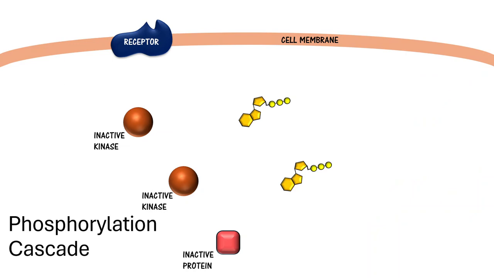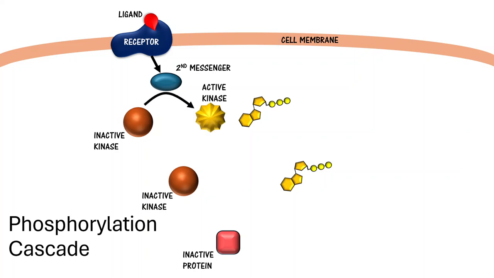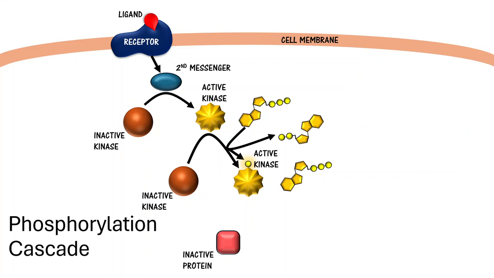You have a bunch of inactive molecules, you have some ATPs, and you have a receptor sitting in the cell membrane. The ligand comes and binds, and that activates a second messenger. That second messenger can then in turn activate the kinase that's there, that first inactive kinase, which can then take ATP and make ADP and use one of those phosphates to activate another kinase.